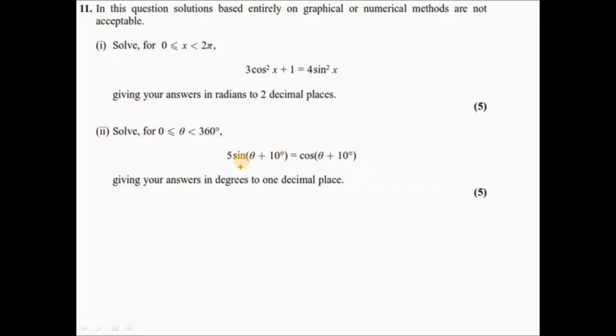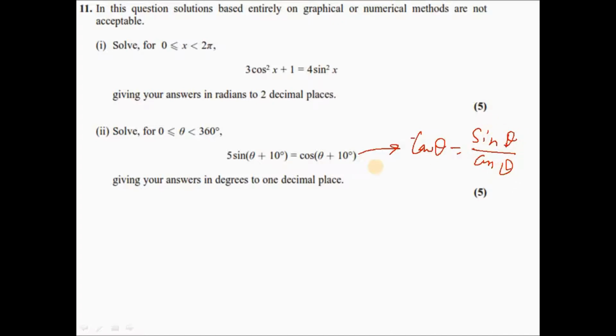Again we have two different trigonometric functions, sine and cos, but they are not squared, they are linear. The easy method to solve these types of situations is, whenever you have sine and cosine with power 1, you convert this into tangent, because you know that tangent theta is sine theta divided by cos theta.